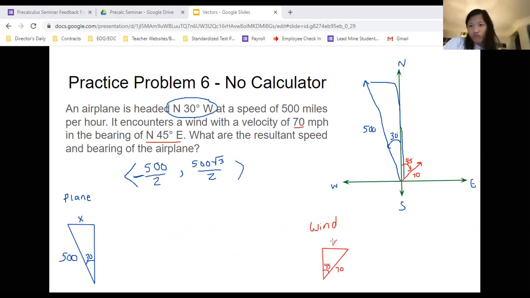I need to find my x component. Oh, did I draw this triangle wrong? You know what? I totally did draw this triangle wrong. I am sorry, you guys. Ignore this. There we go. That's 70.